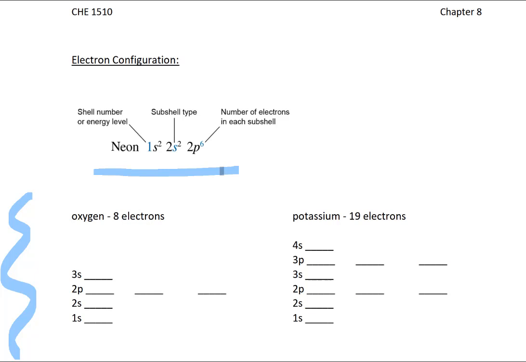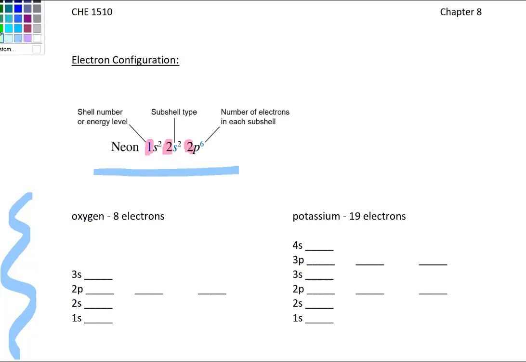So for neon's electron configuration, there's a couple of components that we need to look at. First, this beginning number is going to tell the shell, or remember the shell is also called the energy level. So this large number is energy level 1, energy level 2, energy level 3.